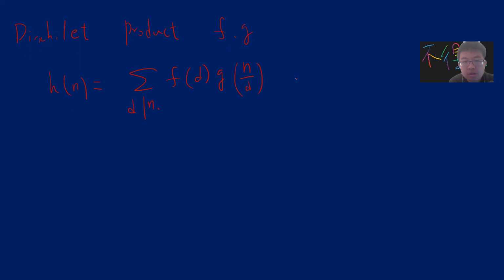This is called the convolution in number theory. I also claimed previously, and I think I proved, that this convolution gives you a group structure. If you haven't seen this, I recommend my previous video, and I will post a link below.